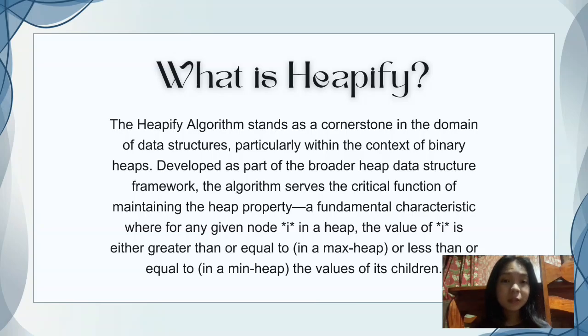This adjustment moves the larger value upward in a max heap, or the smaller value upward in a min heap, until the heap property is fully restored throughout the subtree.